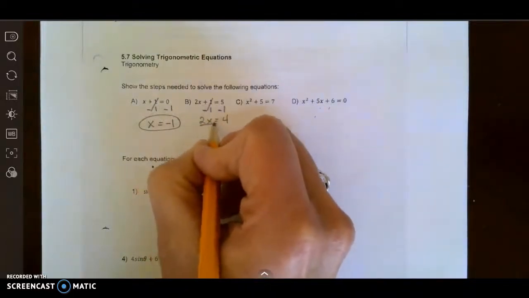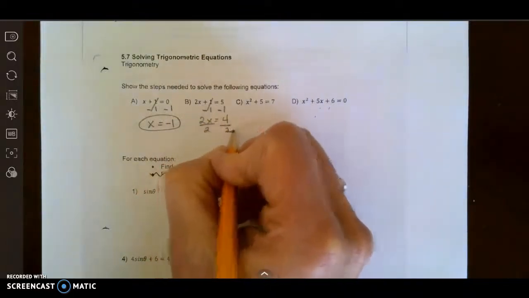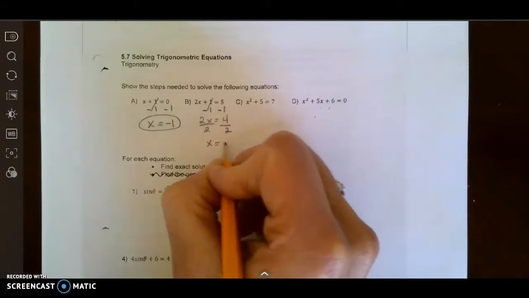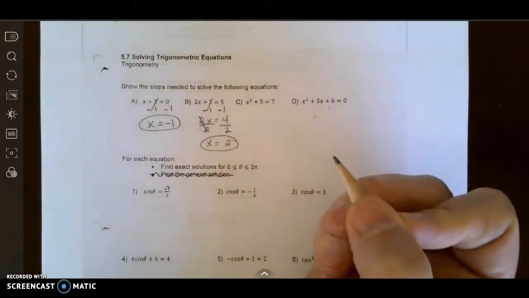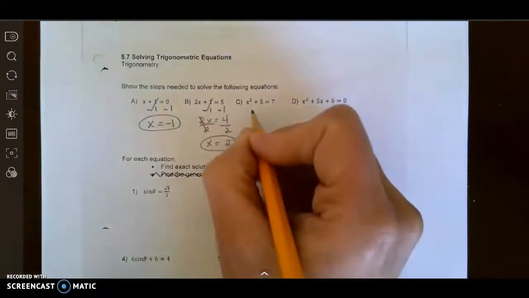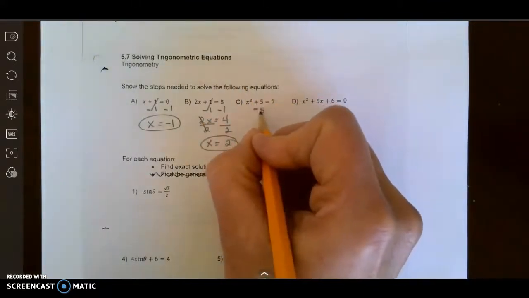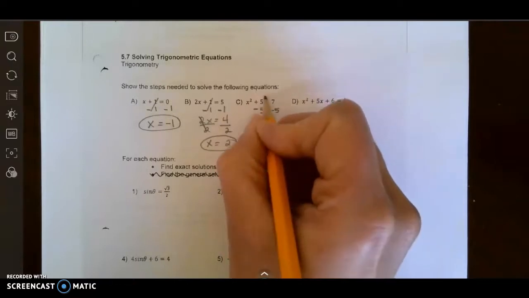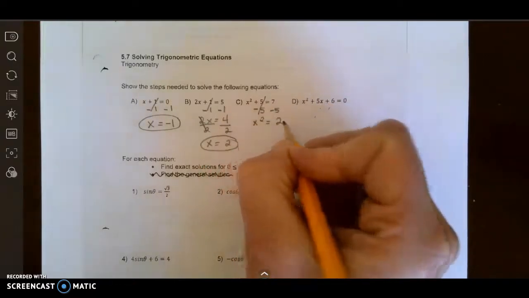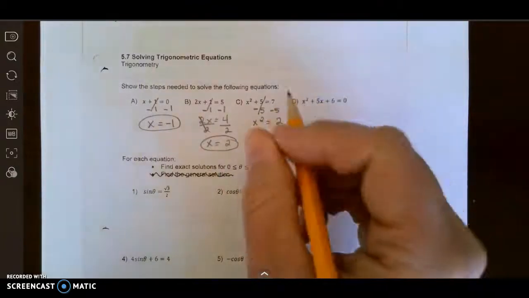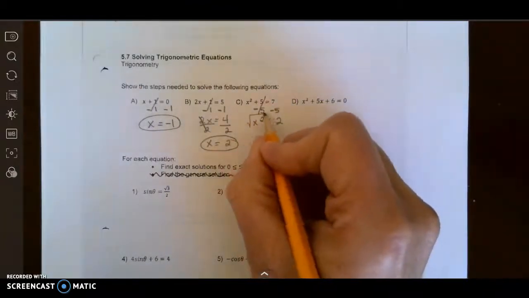Then I divide by 2, and I get x equals 2. For letter C, I subtract 5 from both sides, and I get x squared equals 2. Then I take the square root.